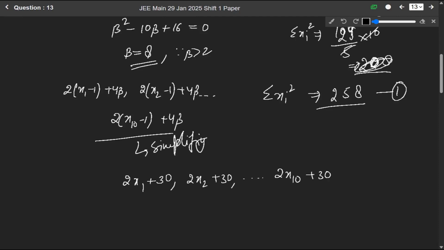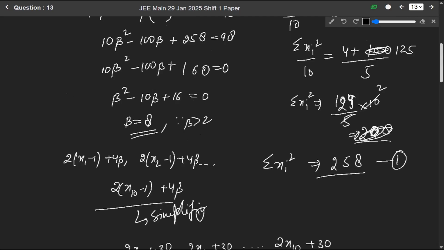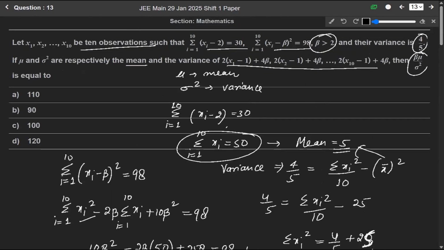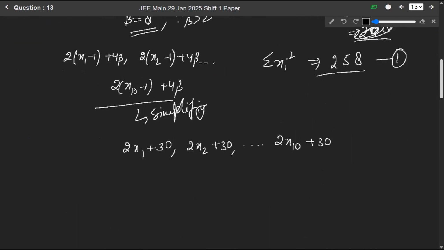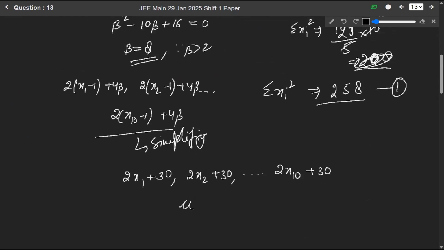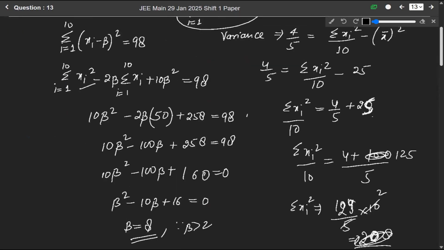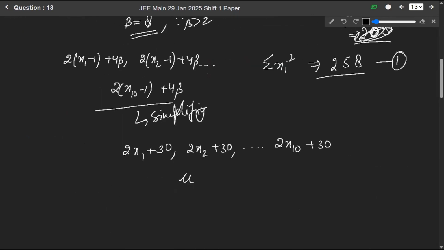And we are given that mu is the mean and sigma square is the variance. So if mu is the mean, and we have found the value of mean as 5, then mu will be equal to 2 into 5 plus 30, so it will be equal to 40.